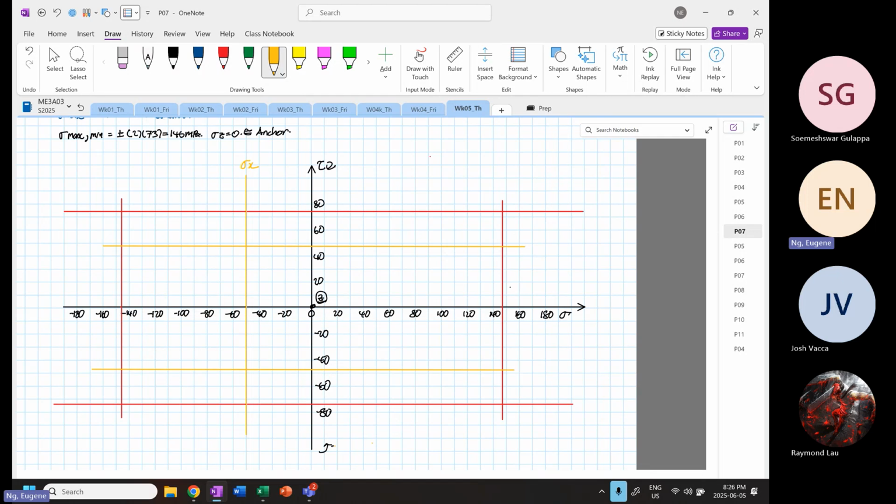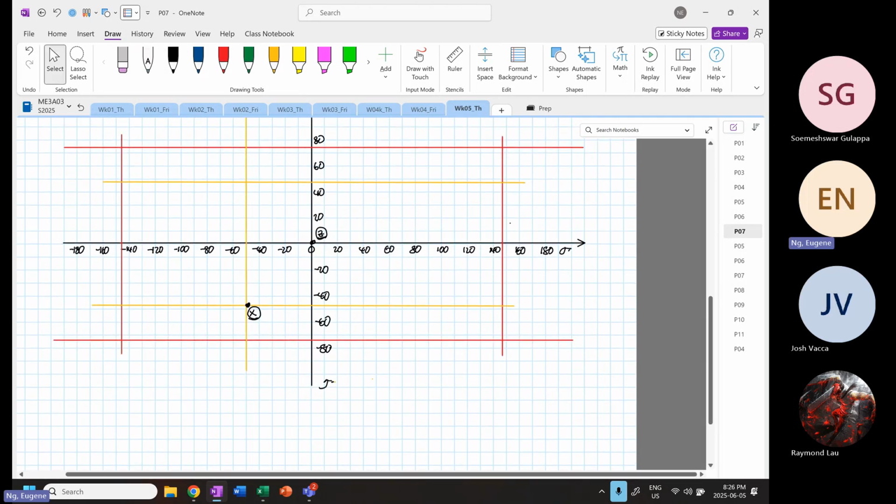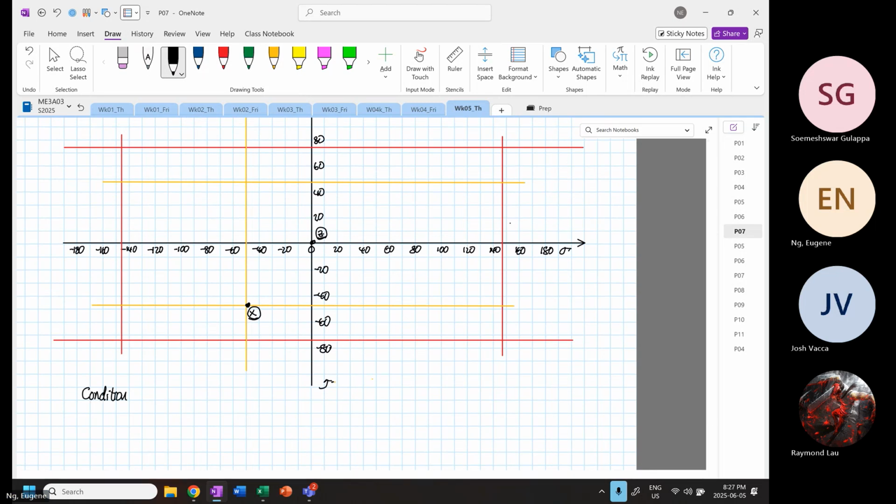And then we are going to, this is our point X. So the next one that we're going to use is the condition where stress mean is equal to minus 146 megapascal, which is over here.